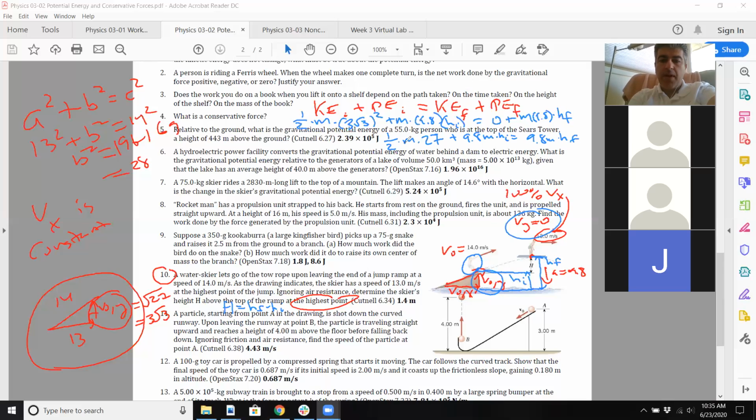That's why you don't need to know m. Every term has m, they cancel out. And if you move things around, you get 1/2 times 27 equals 9.8 times HF minus HI, because you move the 9.8 HI to the other side and factor out the 9.8.